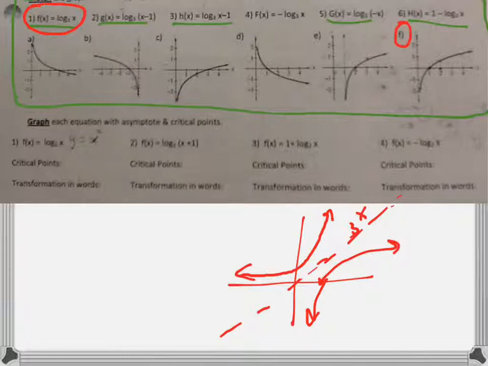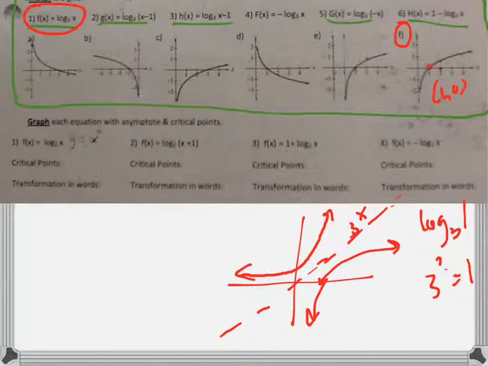And you can even see when x equals 1, the log base 3 of 1, 3 to what power equals 1? The answer is 0. And that's why that point is 1 comma 0.